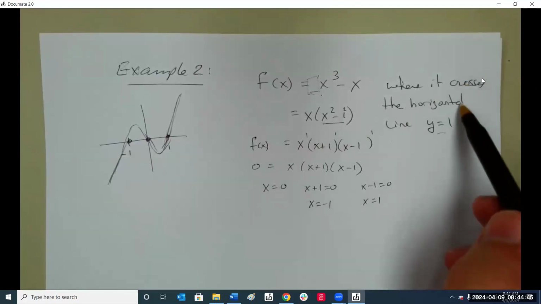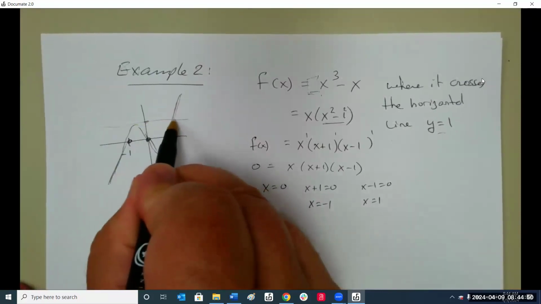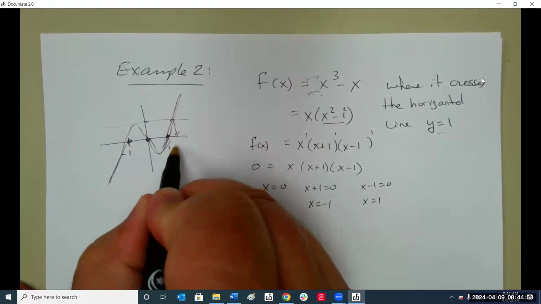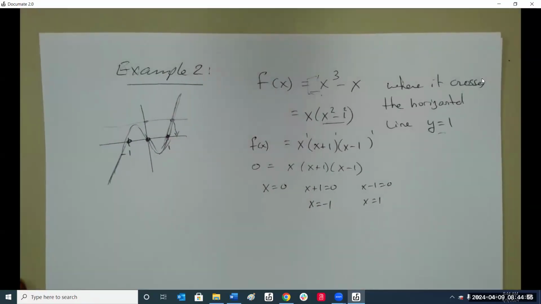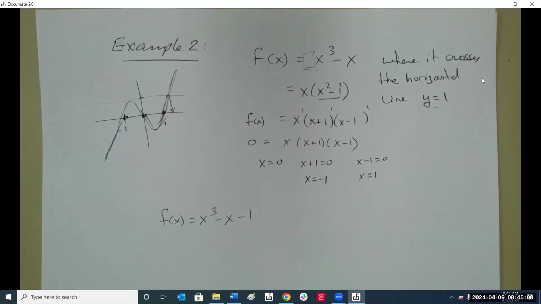We want to know the x value where it crosses the horizontal line y equals 1. We want to know that x value, which is where we get the function x cubed minus x minus 1. So now we'll repeat the process. We set up the equation and repeat the process.